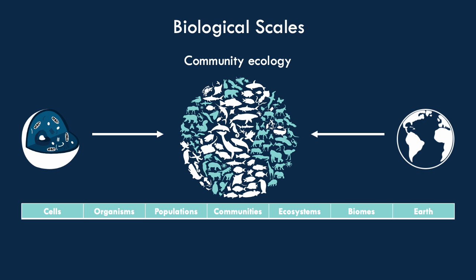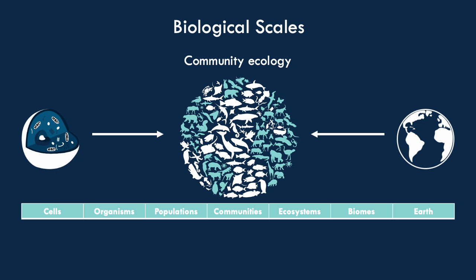And one thing that we really want to keep in mind when we think about community ecology is that life is really the one thing that makes Earth unique, at least in our solar system and as far as we know, in our known universe.